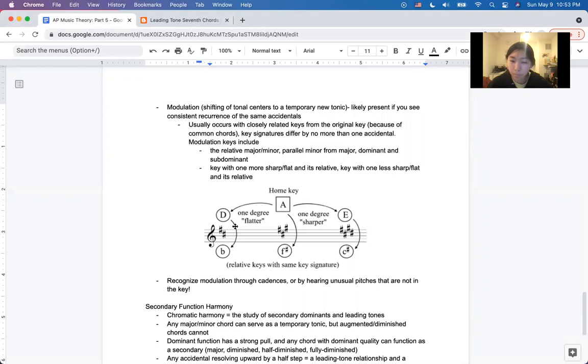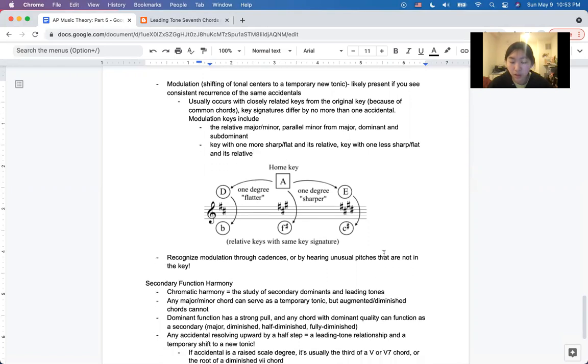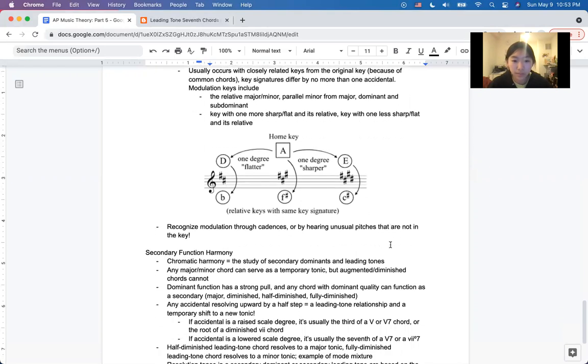So with D, you have its relative minor. All of these are just the relative minors to the major, and these are also the closely related keys to A. So there's a total of 5 here that you should generally know. So you might want to keep this diagram in mind.